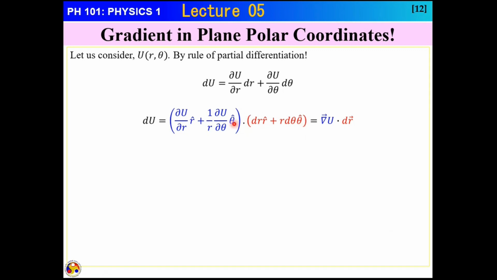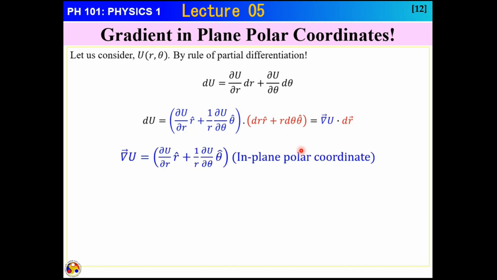The small infinitesimal vector is written as dr r cap plus r d theta theta cap, and du is equal to gradient of u dot dr. Okay, so what is the meaning of that? So gradient of u in the plane polar coordinate can be written as this.